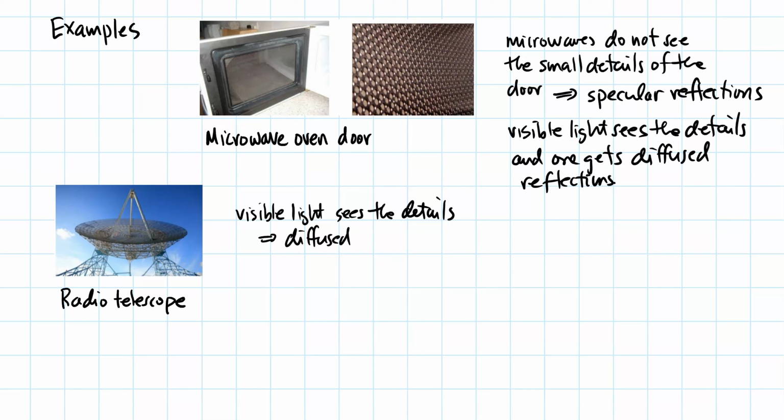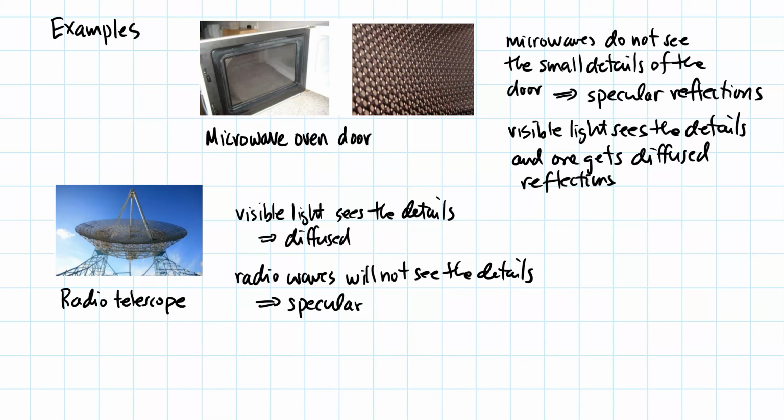On the other hand, radio waves are very long, and because they're very long, the radio waves will not see the details. So therefore, you get specular reflections.